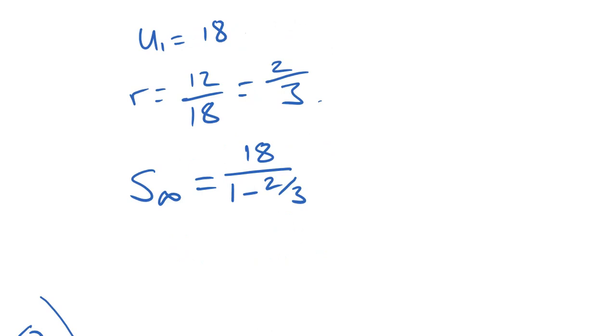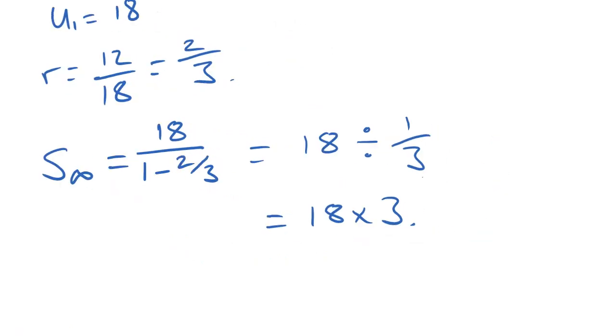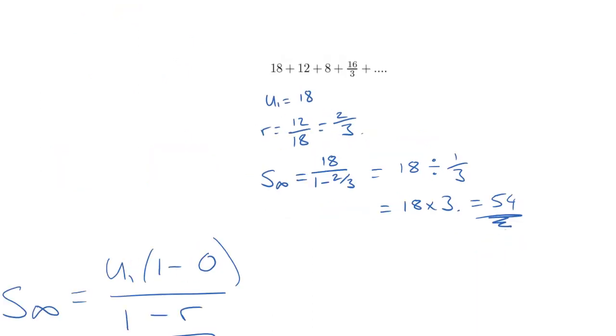The sum is going to be u1 over 1 minus r. Well, that is going to be 18 divided by 1/3, which is 18 multiplied by 3. And if we work out 18 multiplied by 3, well, 18 times 2 is 36, 54, right? We're going to have that summing to 54.